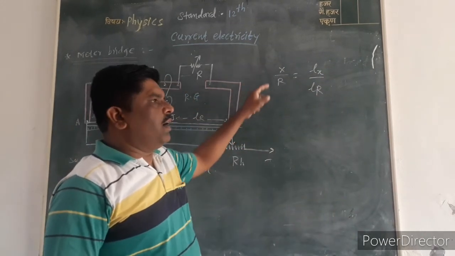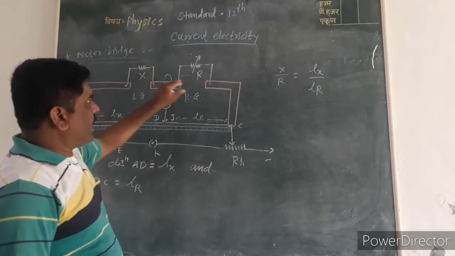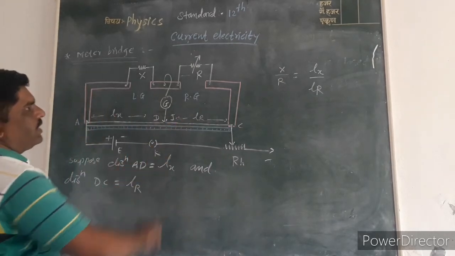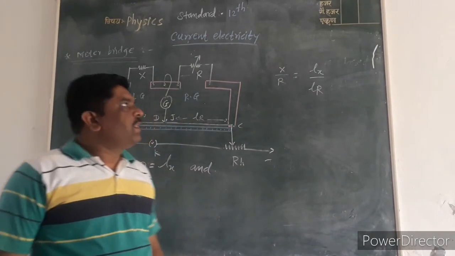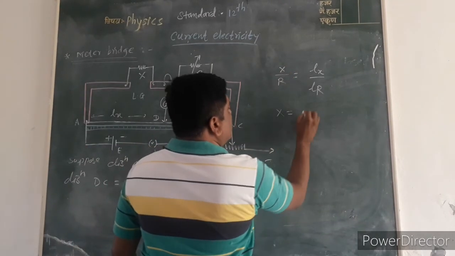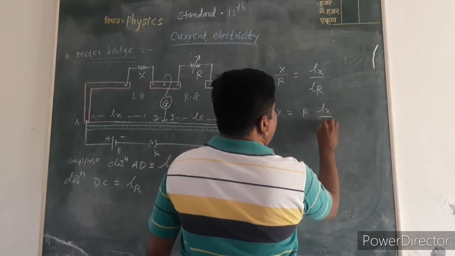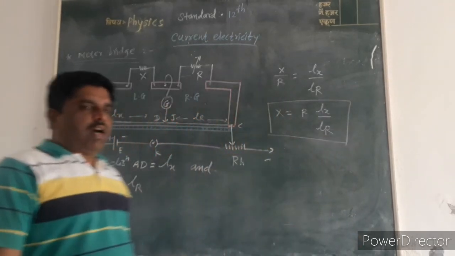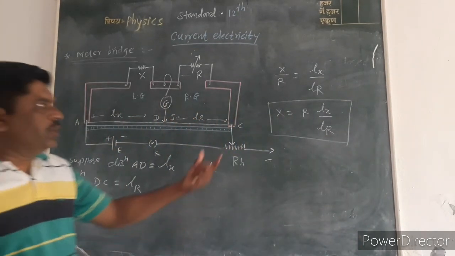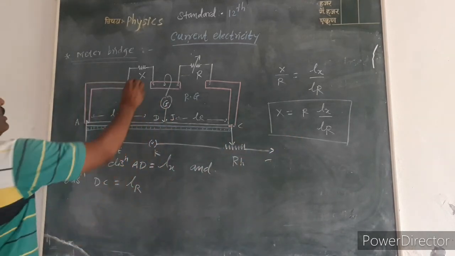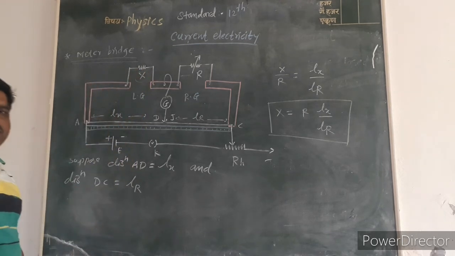Instead of P divided by Q, there are X and R, and instead of R divided by S, there are Lx and Lr. This is the balancing condition. Then we find the value of X. Therefore, X is equal to R Lx divided by Lr. Using this formula, we calculate the value of unknown resistance X using the meter bridge.